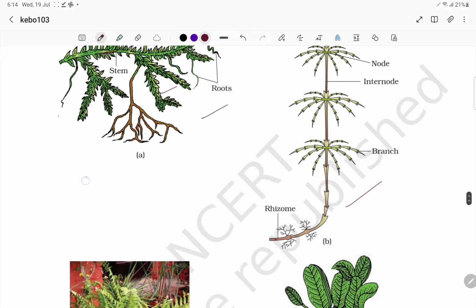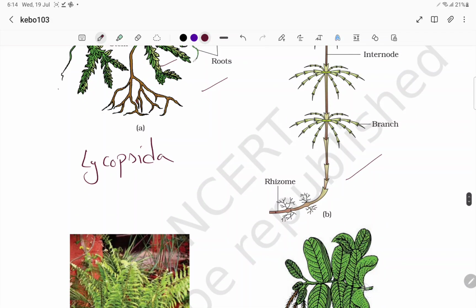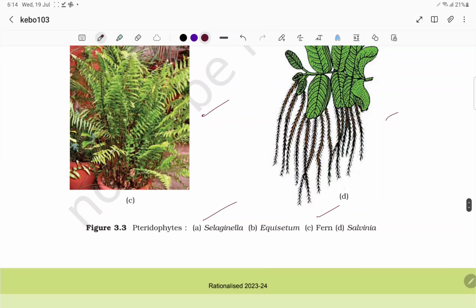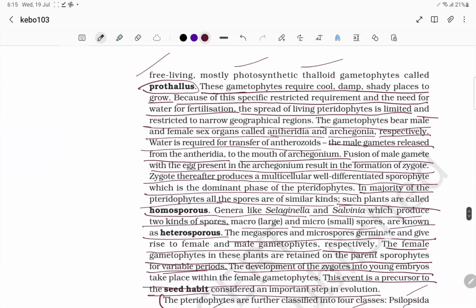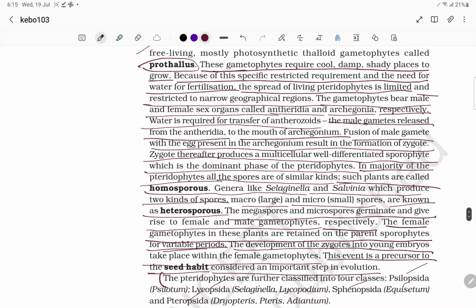This will come under Lycopsida. This will come under Sphenopsida. And this will come under Pteropsida. These are the things you have to remember when it comes to this.